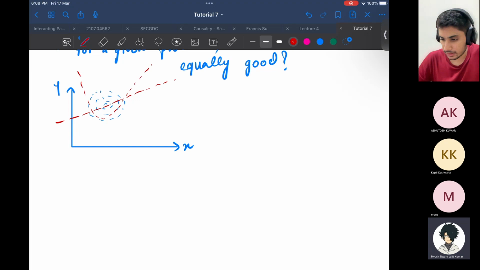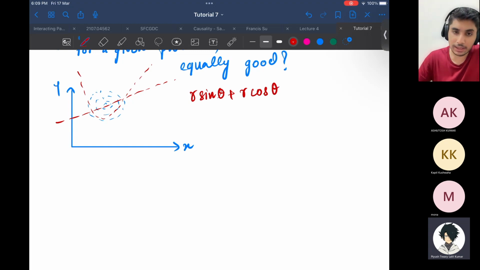Obviously, since it is a circular shape, a simple model that will actually fit this would be something like an r sin theta plus r cos theta kind of function, right? This is basically the coordinates of a circle.